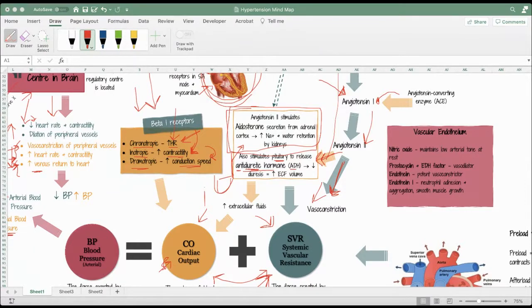In this case, most of its influence for the beta receptors is on the heart. It's on the cardiac output, because it's only making the heart beat harder, giving it increased heart rate and an increase in conduction speed.